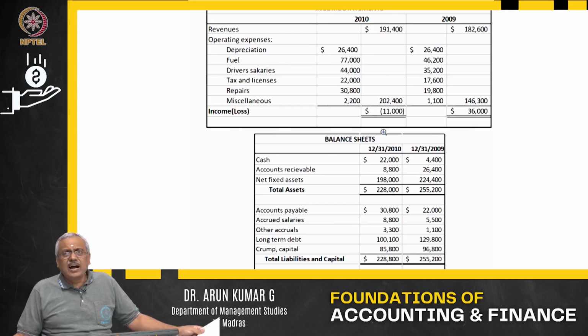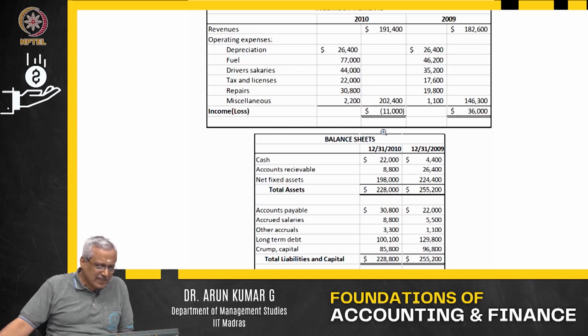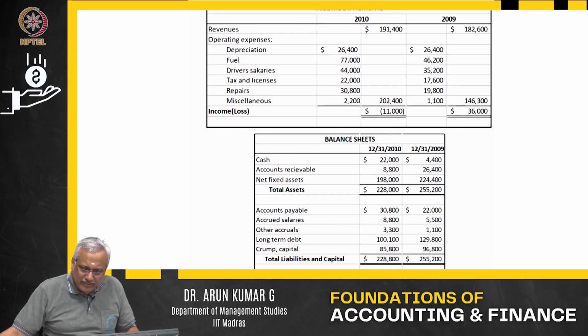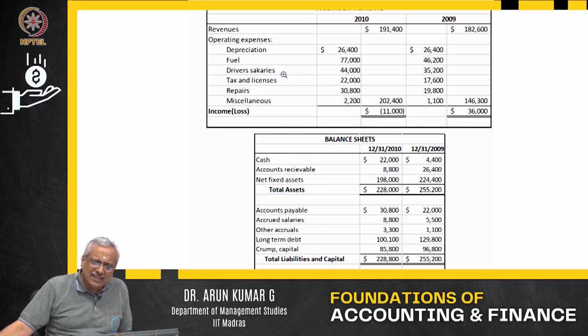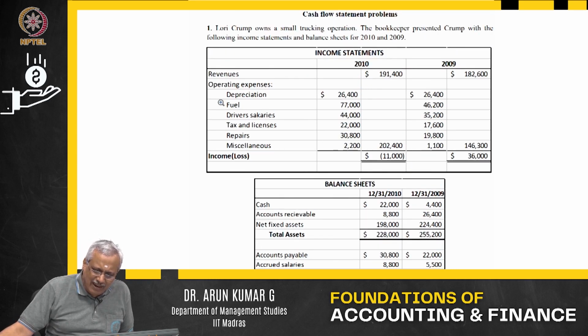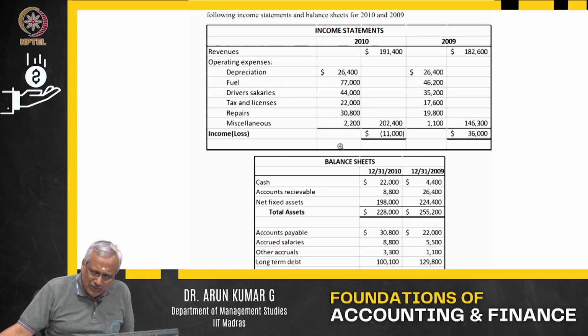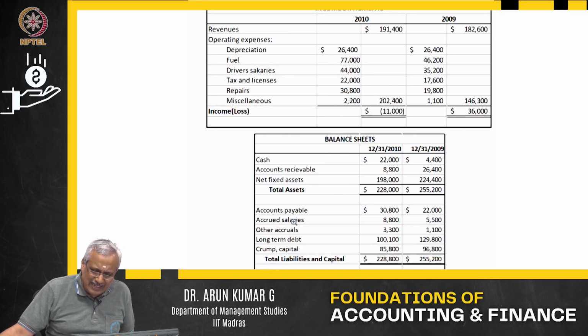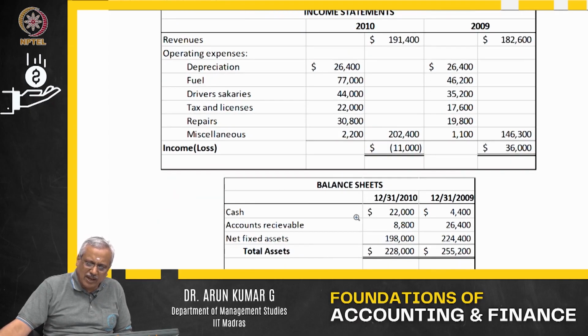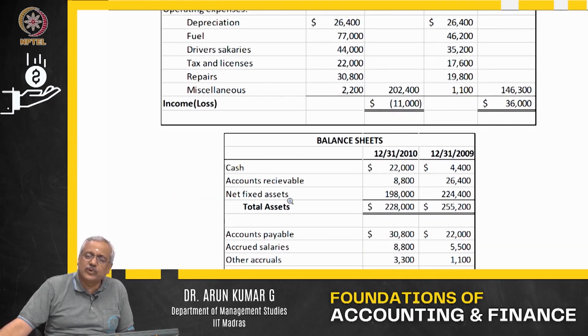Normally it is a trucking company, so all the payables will be related to fuel, because salaries have other accruals. So fuel is the core operating aspect, and your payables normally relate to fuel.